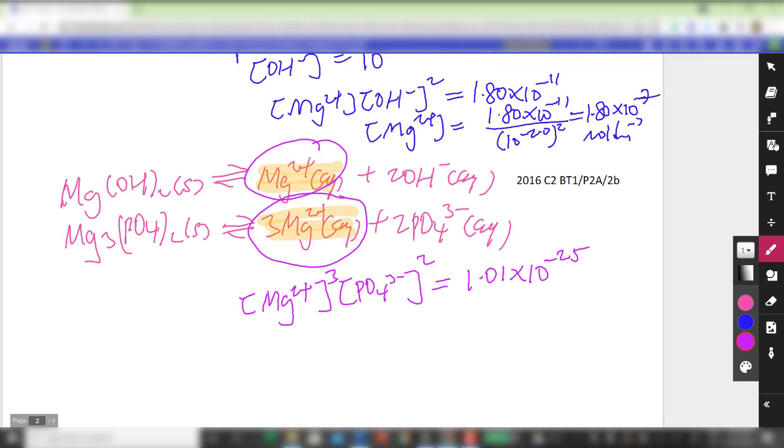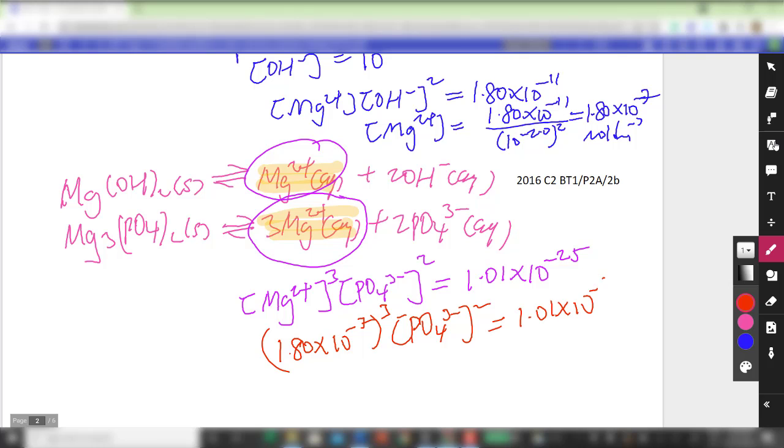The concentration of Mg2+ has already been determined earlier on to be 1.80 times 10 to the power of minus 7. So the whole thing cubed, and then of course PO4 3- squared, is equal to 1.01 times 10 to the power of minus 25. If you punch your calculator, you will be able to calculate the concentration of phosphate to be 0.004161 moles per dm cube.